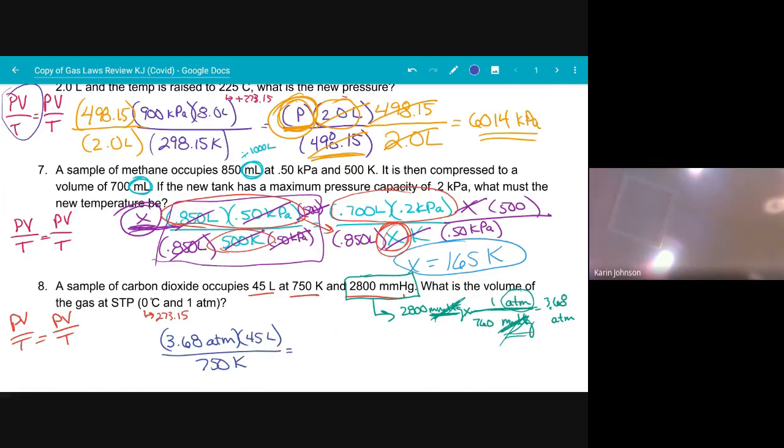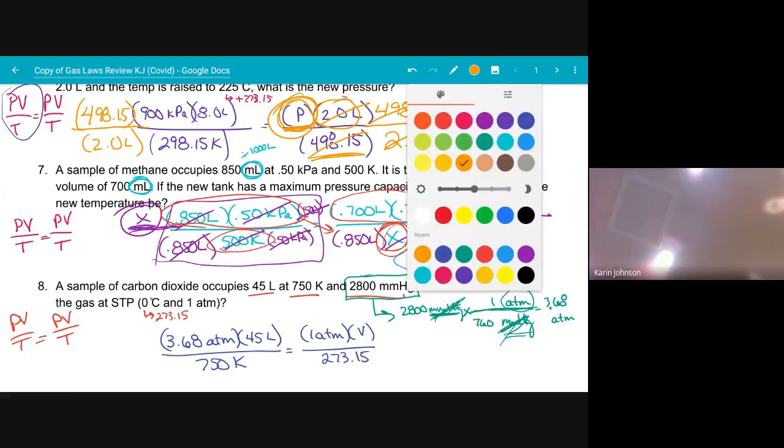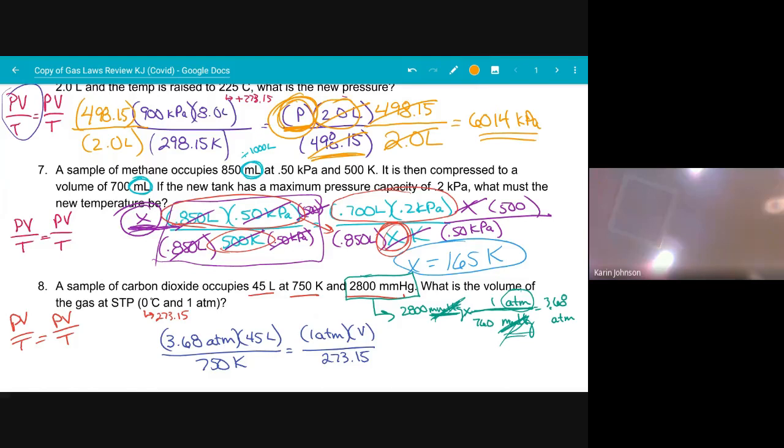And we've got pressure is what we don't know, and temperature, and one last color, to get V by itself.